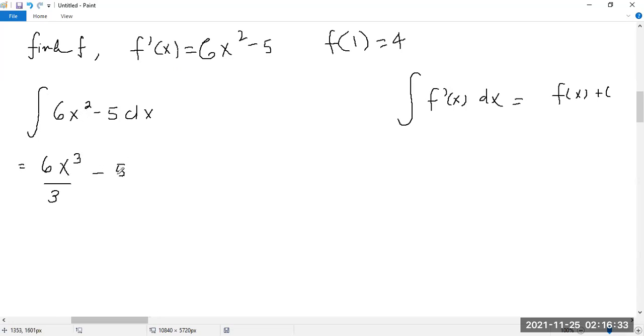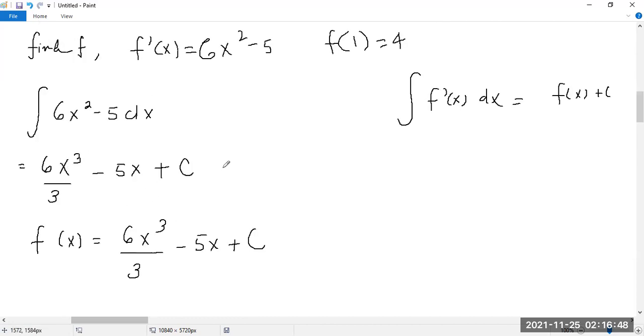And then we do this here plus c, which means that f of x is equal to 6x cubed over 3 minus 5x plus c.